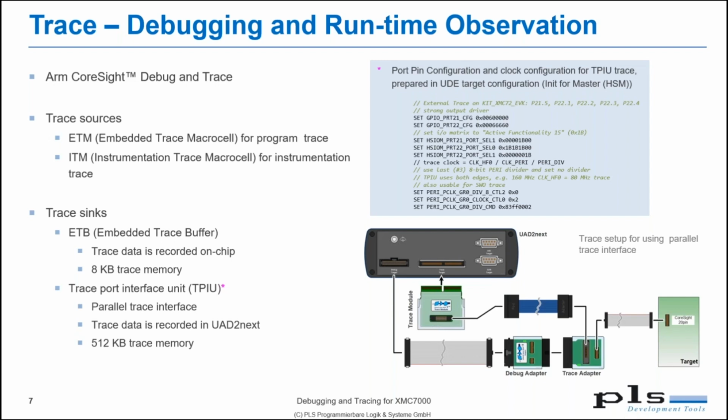You can use either an embedded trace buffer, an on-chip trace memory, to store the captured trace information. And if the trace buffer is filled, then you can transfer it off-chip using the normal debug interface, or you can use a trace port interface where the trace information is transferred off-chip at runtime and stored in the debugger device, for example, in our UAD2 Next, where we have 512 megabyte trace memory available.